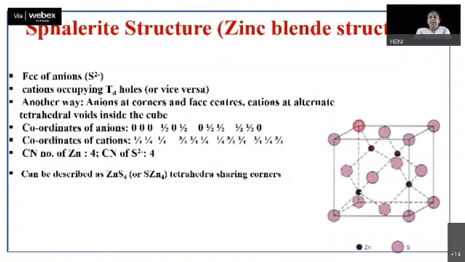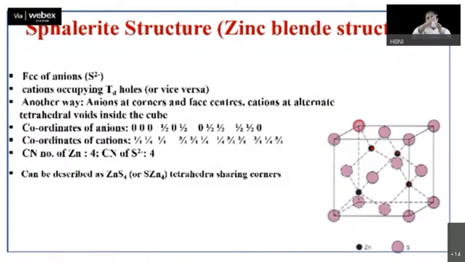Now, where are the tetrahedral voids in the cubic unit cell? I hope you know. Suppose you have this cube, and I dissect it along this plane. It will be divided into two halves, the upper half and lower half. After dissecting it this way, I also dissect it this way.